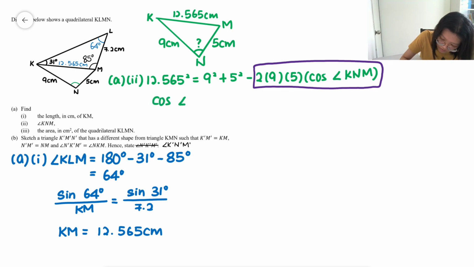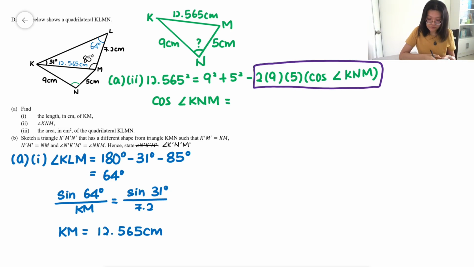Cos angle KNM equals to 9 square plus 5 square minus 12.565 square divided by 2 multiplied by 9 multiplied by 5. You get negative 0.5764.